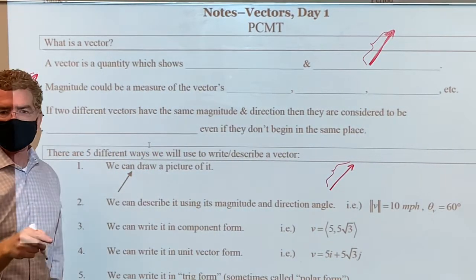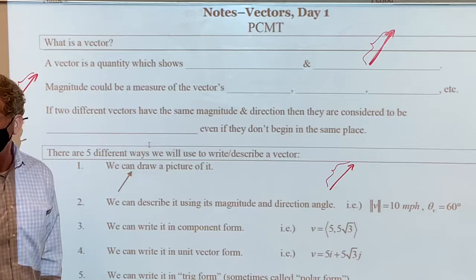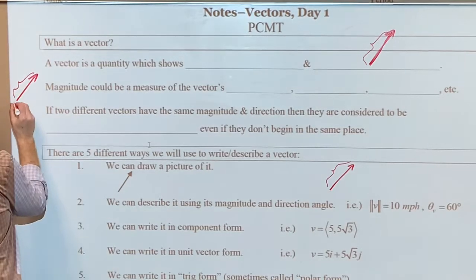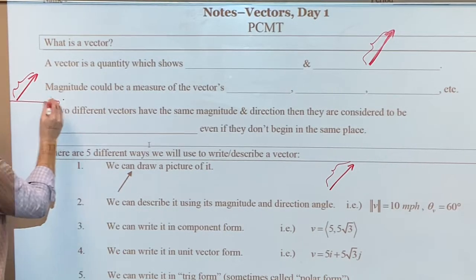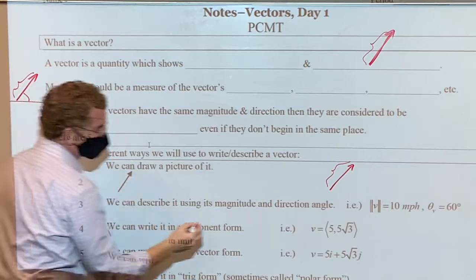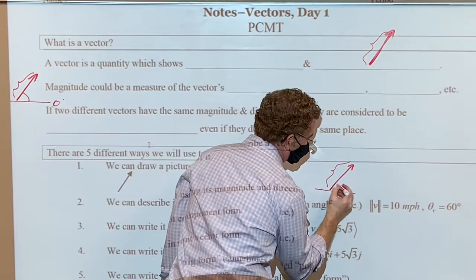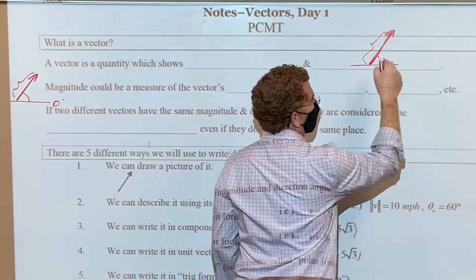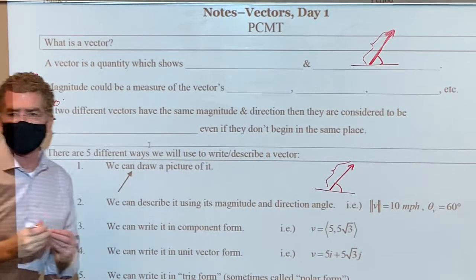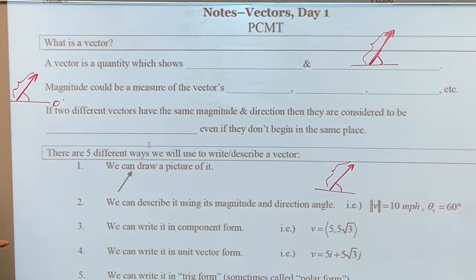And then I measure angle just like I would in trig. I always measure angle from 0 degrees. So if that's 0, if all of these, when you reference them from 0, if they all have the same angle, then they have the same magnitude, the same direction. These would be equivalent vectors. It doesn't matter where they begin.